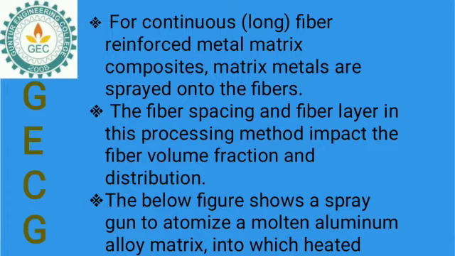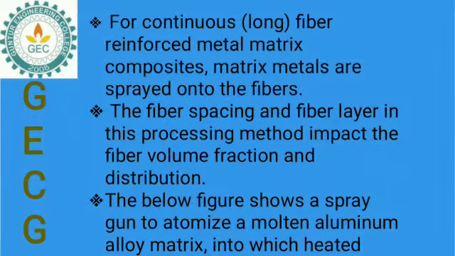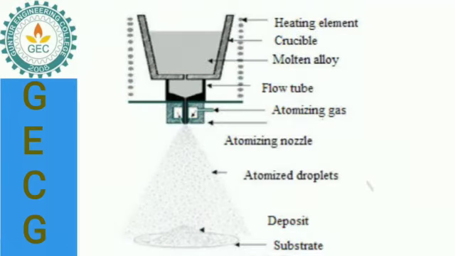The fiber spacing and fiber layer in this processing method impact the fiber volume fraction and distribution, as shown in the figure. Finally, the figure shows a spray gun to atomize a molten aluminum alloy matrix into the heated zone.